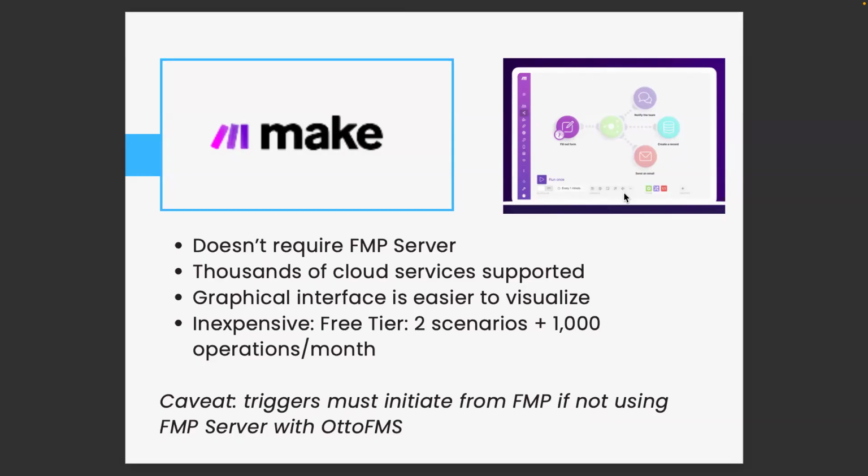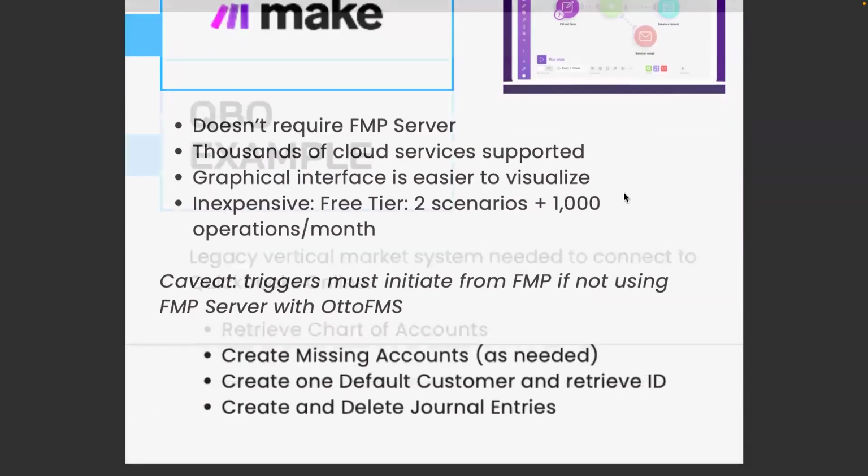So in that case, you would be able to create a scenario that's triggered from some other place, like say you're monitoring a web form, and then have that data come back to FileMaker. But I'm not going to demonstrate that because I don't have anything on a server, but that is something to look into if you want to utilize a cloud service that, say, Claris Connect doesn't currently support.